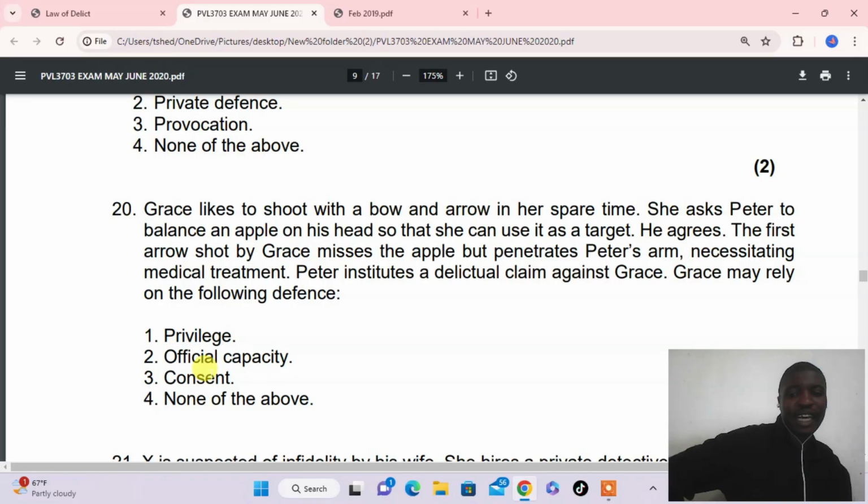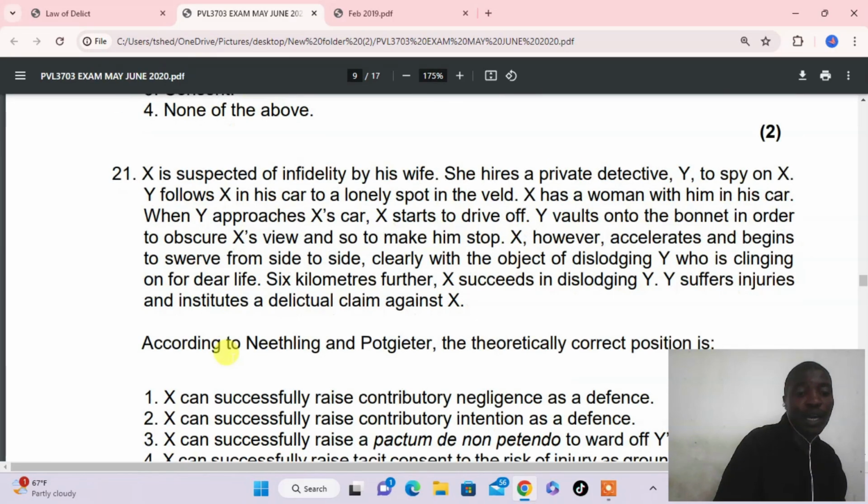Let me just say that we will continue with this one when we go forward, because this one is different. This one is about the privilege of official capacity. Now we are in a different area, and you may not be able to understand.